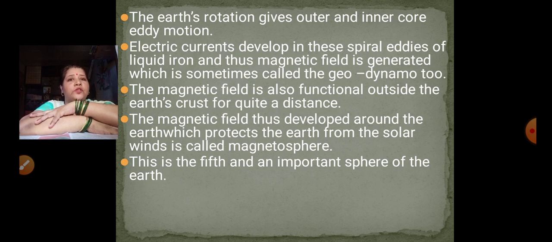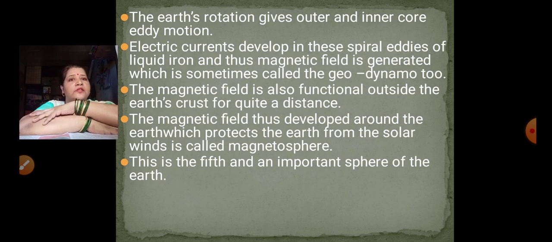So what happens because of this eddy motion? A magnetic field is generated. This magnetic field is sometimes called the geodynamo. Now, when this magnetic field is generated, it is also functional outside the Earth's crust.